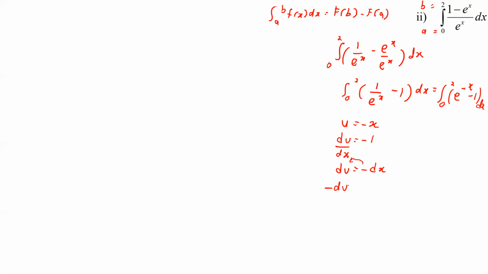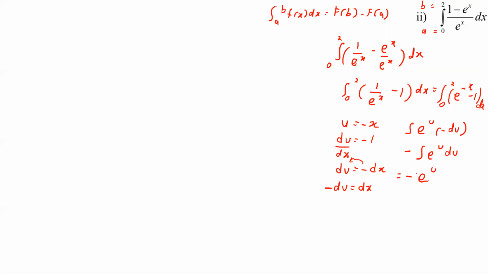You will get negative du is equal to dx. Next, the integral of e^u dx. What is dx? Negative du, right? So you will get negative e^u du, which is equal to negative e^u.